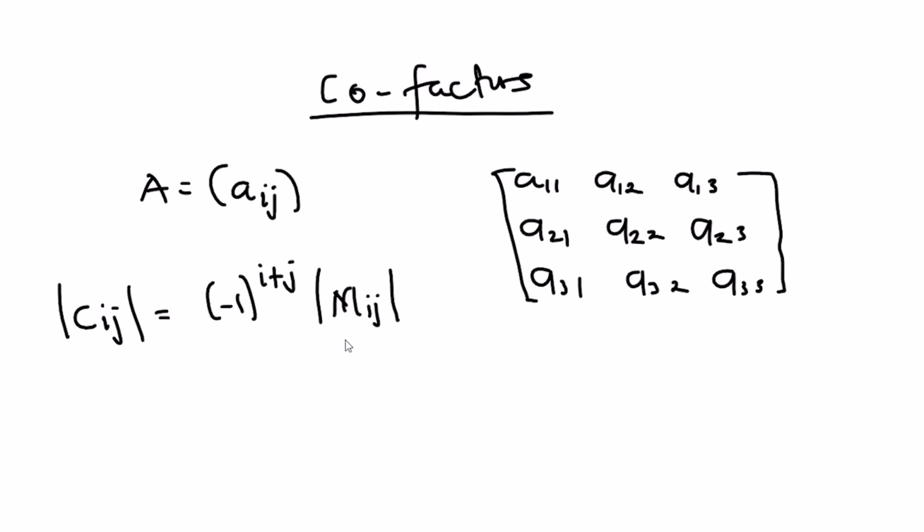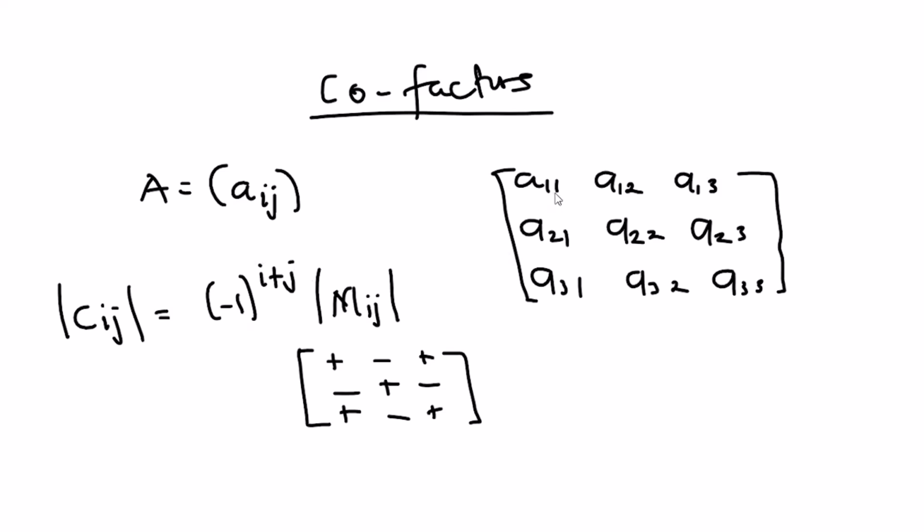The appropriate place signs are given in the form plus minus plus, minus plus minus, then plus minus plus. Now we have -1 exponent i plus j, where i represents the row and j represents the column.